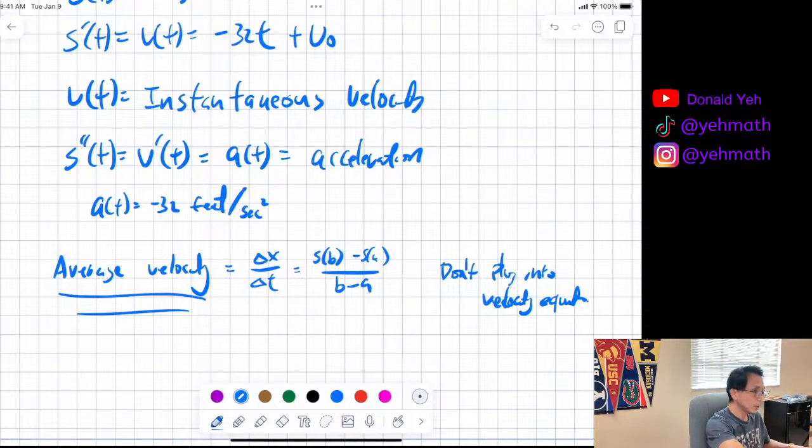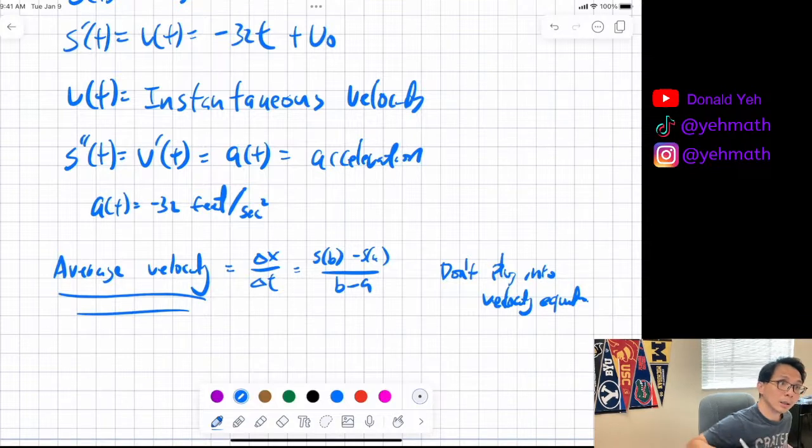Questions? You mean you have to plug into the s of b? Yeah, plug into the position function.